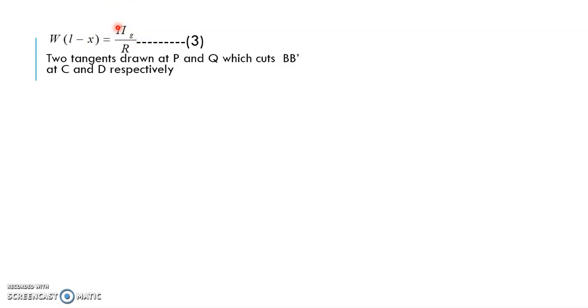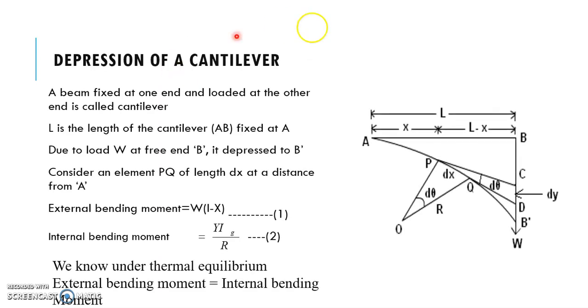Then consider two tangents from the diagram, from P and Q, which cut at B dash at C and D respectively. The length CD is equal to the small depression dy.